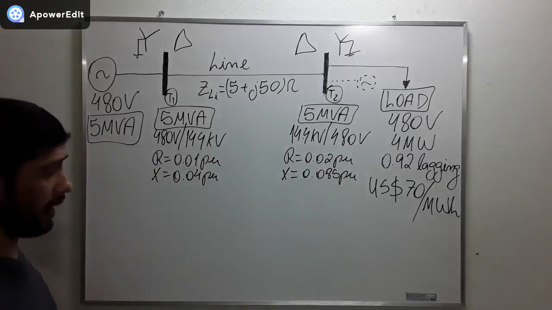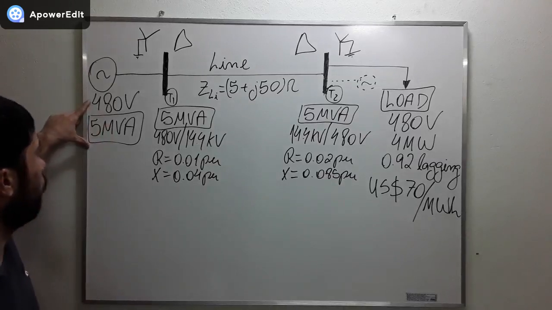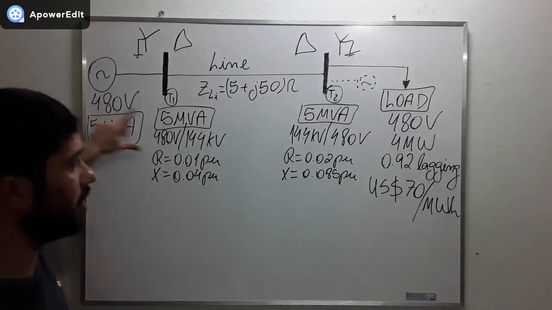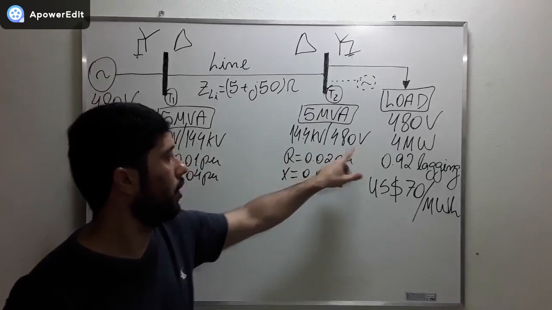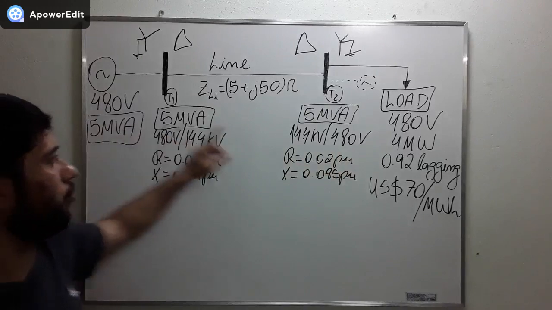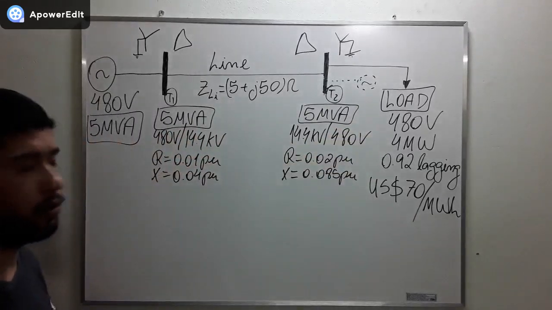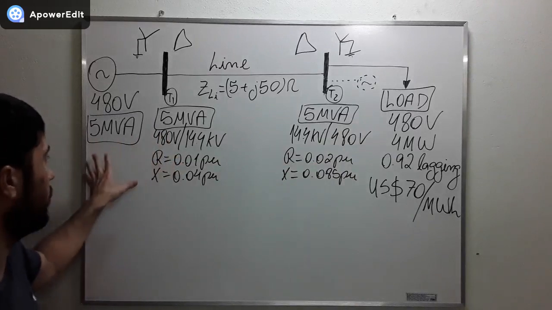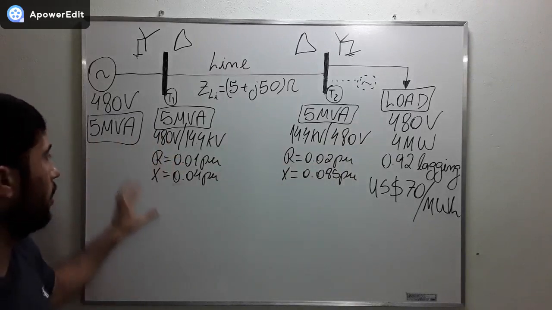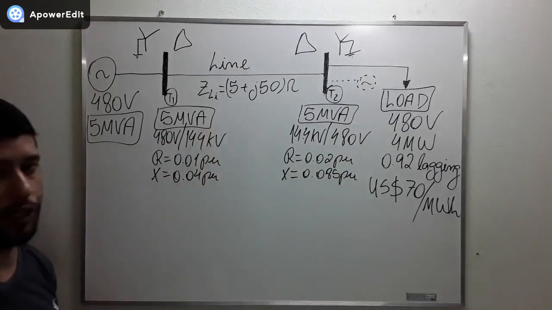So, as we can already see, the base values for region 1 are exactly the same as for region 3: 480 volts, 5 MVA. So we don't need to calculate region 3. Region 3 is equal to region 1. We need to calculate only region 1 and region 2 because they are different.